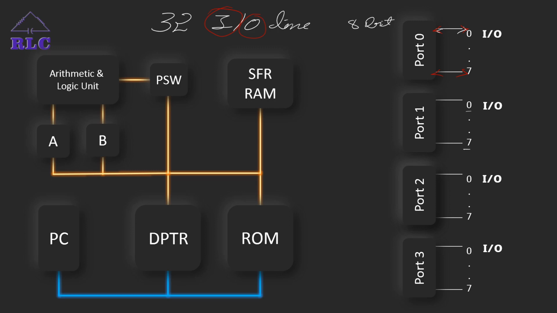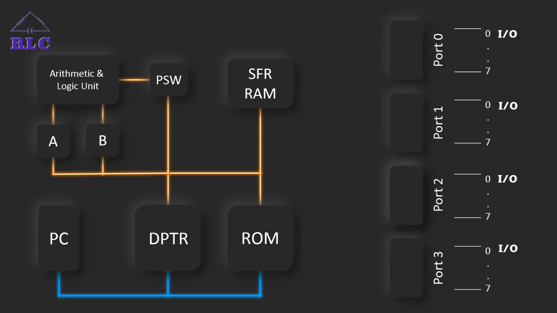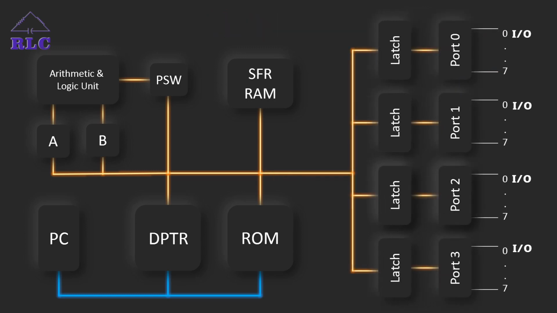Multifunctional means this port 0 pin we can see acts as input and output pins, and it also acts as data pins to fetch data from the external memory, which we call D0 to D7.